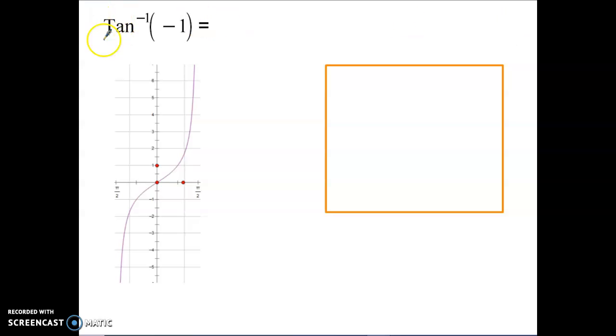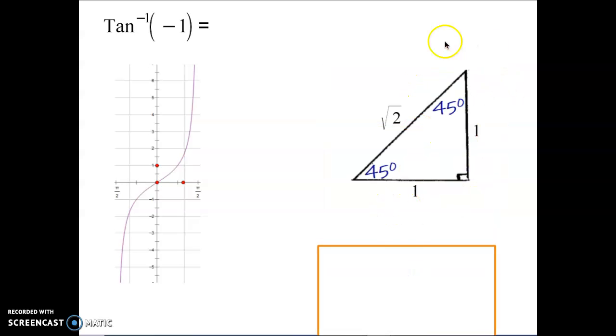Okay, again, I see that capital T, just like I did on the last one, and I'm going to find the angle that has a tangent of -1. So let's do the reference angle first. What angle has a tangent of 1? All right, that's going to be your 45, 45, 90 triangle because tangent is opposite over adjacent, and they have to be the same as each other.